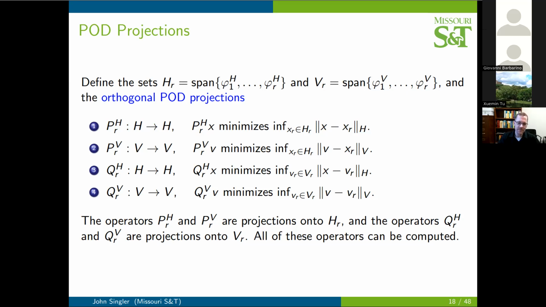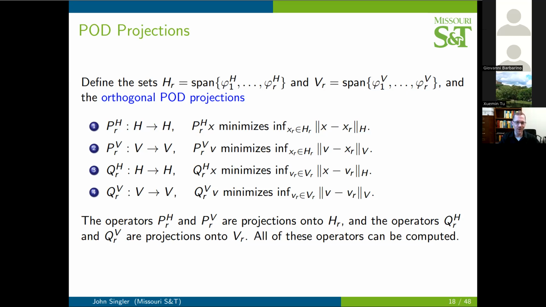Then the Qs: if you look at the POD computations with H10 for the inner product, QRV is your standard orthogonal projection, again your Ritz projection or elliptic projection, and QRH would be the L2 projection. That's roughly how it goes, and everything behaves fine if you are in the right space.